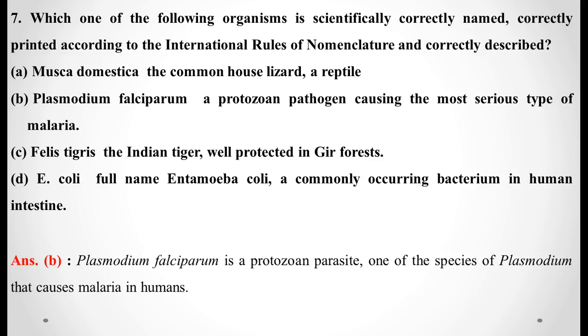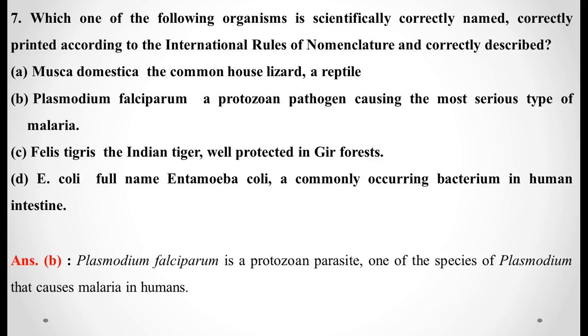They have scales over their body, and their body touches the ground whenever they walk, run, or move. Similarly, it's a wrong option, wrongly described.